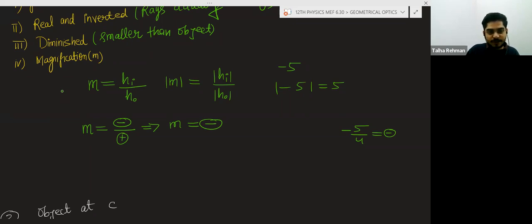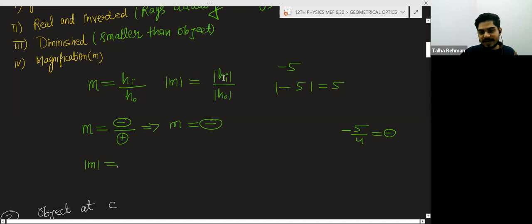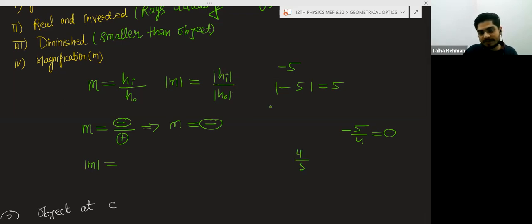Okay, so now magnitude of the magnification. Height of the image is less than the height of the object, means this quantity is less than this quantity. For example, if I am writing 4 divided by 5, it will always be less than 1.